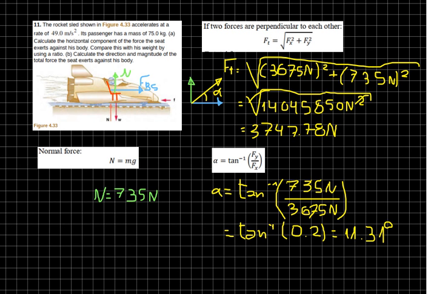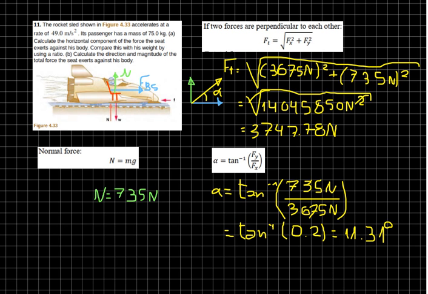Okay, don't forget that in part B, they're asking us about the direction and the magnitude of the total force the seat exerts against his body. In part A, we calculated the force that the back of the seat exerts against the body of the passenger, but we didn't calculate the force that the bottom of the seat exerts against his body, and that is nothing more and nothing less than the normal force.